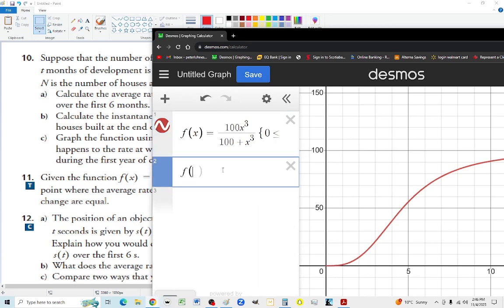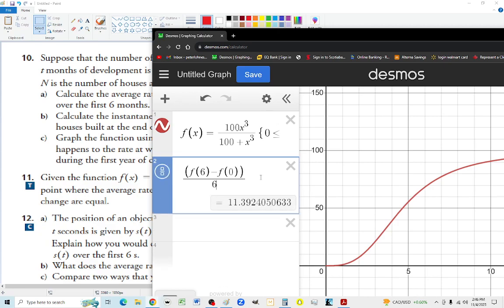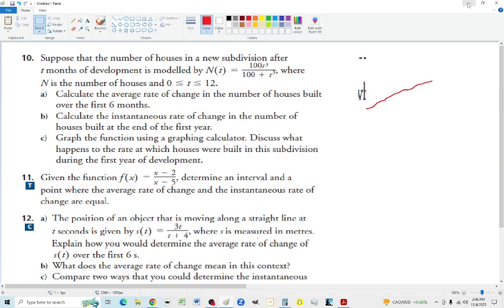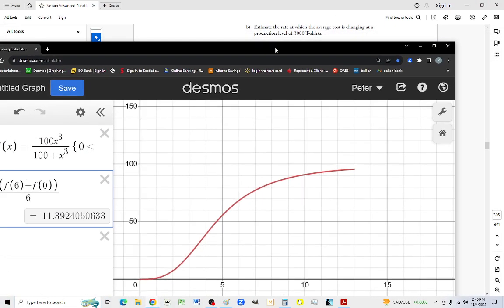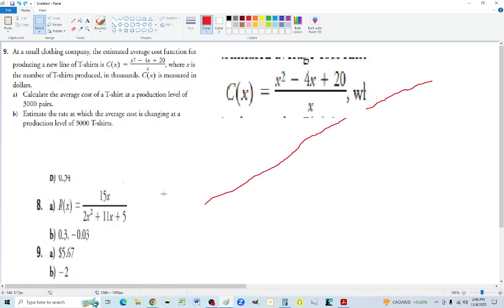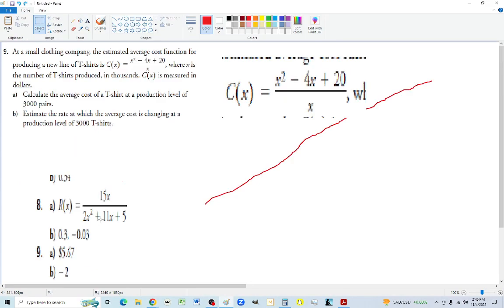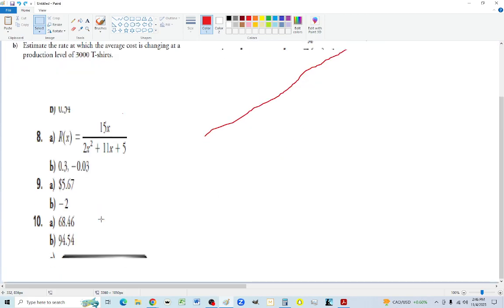So the average will be from f of 6 minus f of 0, all divided by 6. Yeah, I got that. I don't know why they got this. They got 68.46 and 94.54.